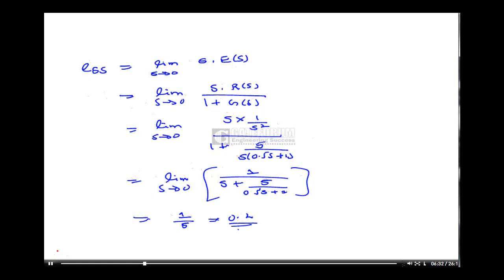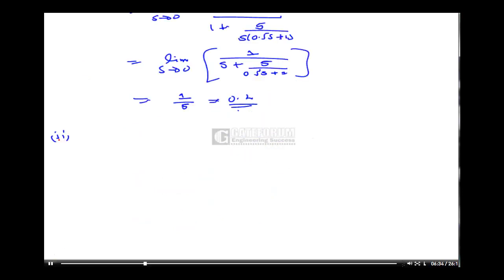The second part of the same question is, suppose the derivative path is there. If the derivative path is there, then we have to find the value of Kt and Ka.